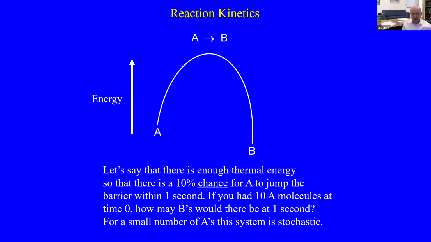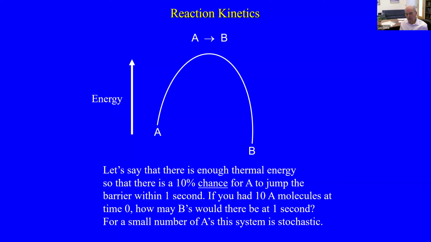Again, if anyone is having a problem with that, we don't have a huge group here, so feel free to ask a question. Basically, I'm giving you the definition here, or an understanding of what this concept of stochasticity is. Fundamentally, we're dealing with individual molecules. And when you really consider the behavior of a small number of individual molecules, the behavior is probabilistic or stochastic.